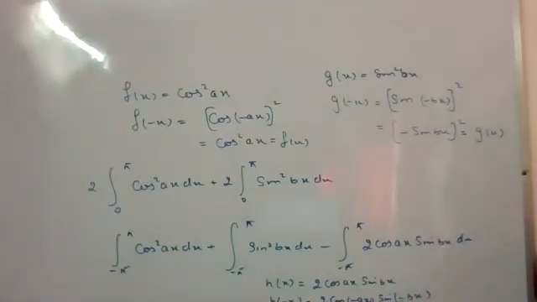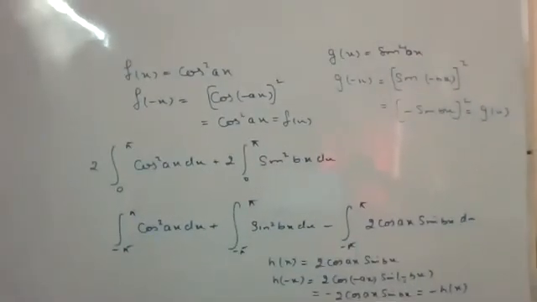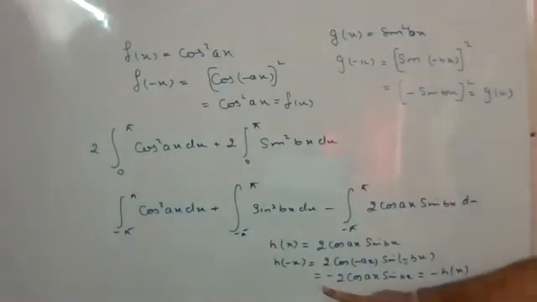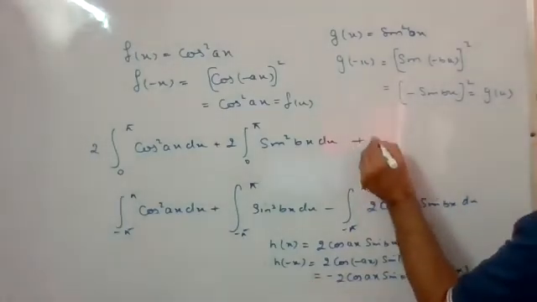Cos of minus theta is cos theta, sine of minus theta is minus sine theta. So this will come to minus 2 cos ax sine bx, which is minus h(x). Is it right? Here h of minus x is coming minus h(x). So our third part is 0.